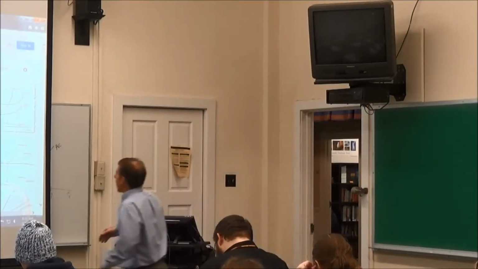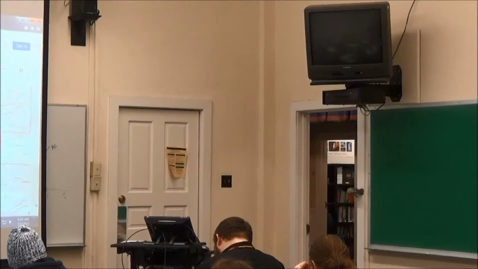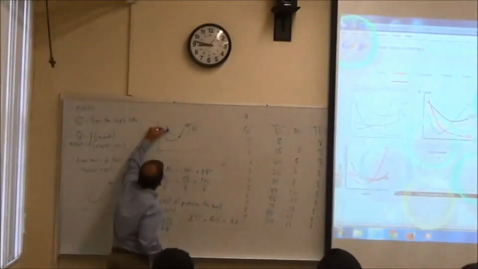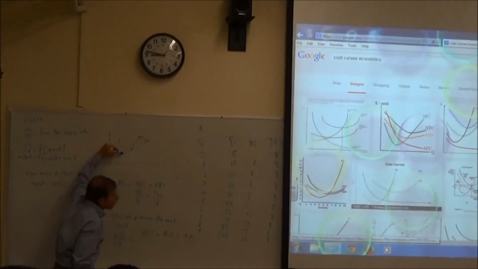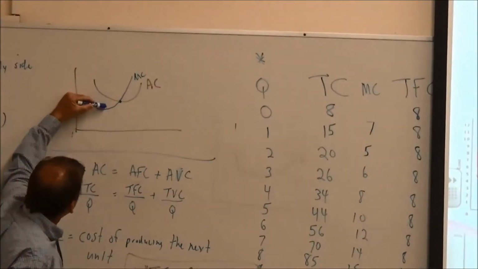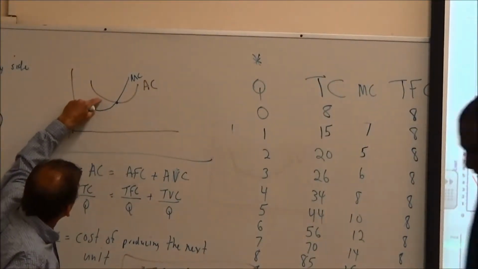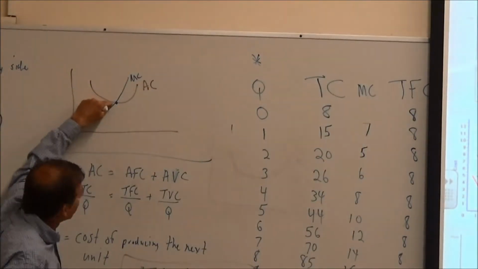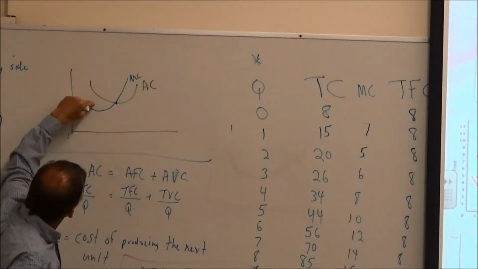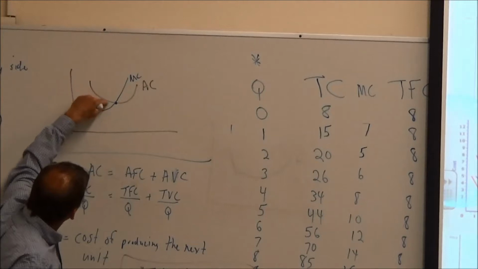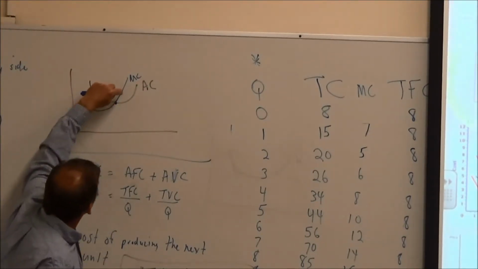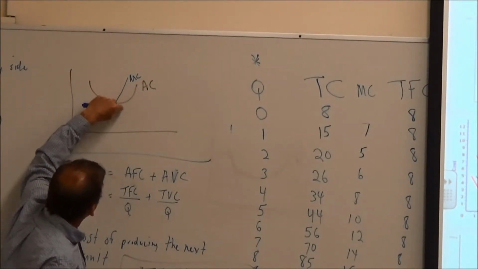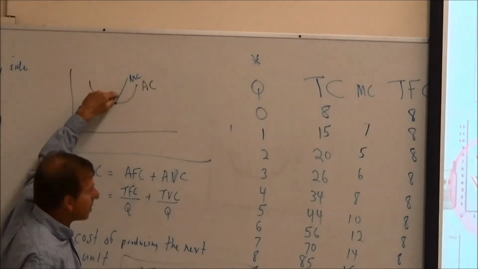So on this side, the marginal is below the average, so the marginal brings the average down. When the marginal is below the average, the average is falling. When the marginal is above the average, the average is rising.